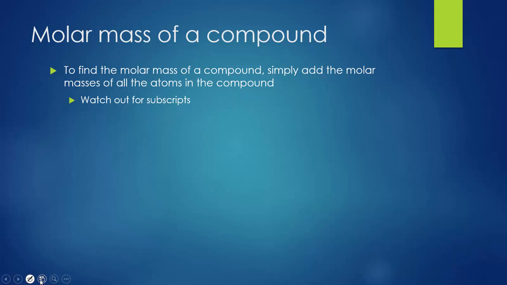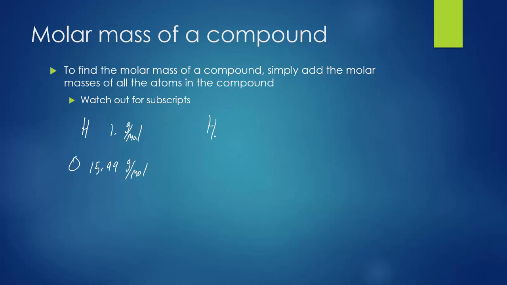And when we do this, you have to watch out for subscripts because they multiply things, right? So the molar mass of hydrogen is essentially 1 gram per mole because its atomic mass is 1. Molar mass of oxygen, 15.99 grams per mole. Okay.